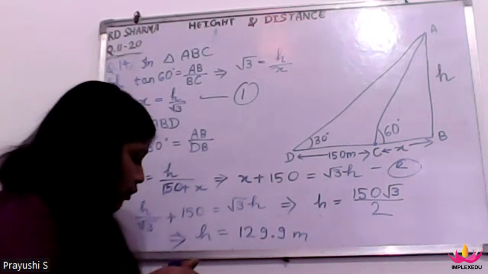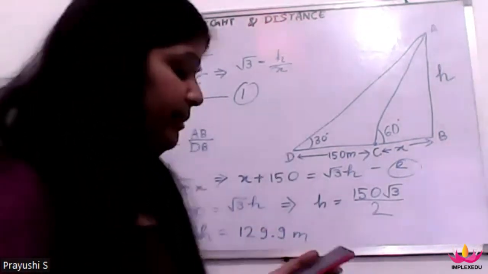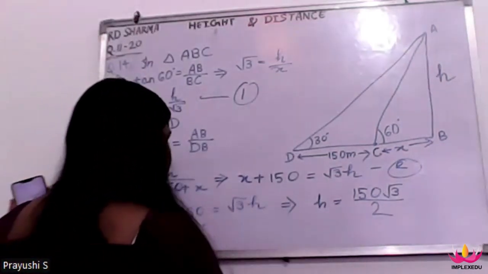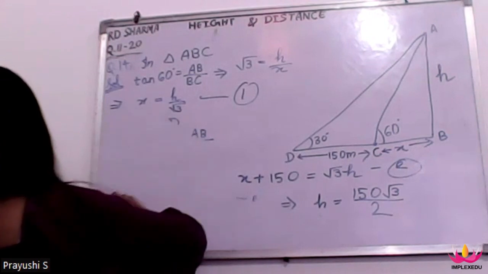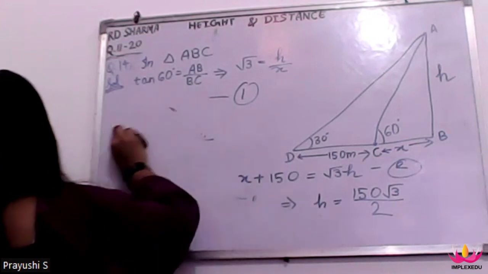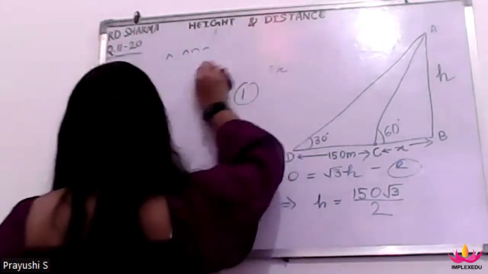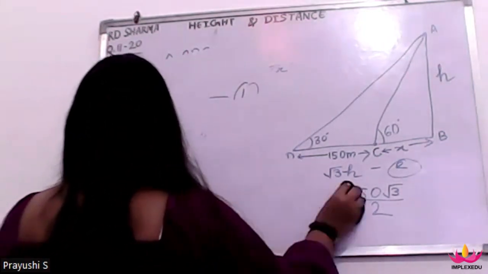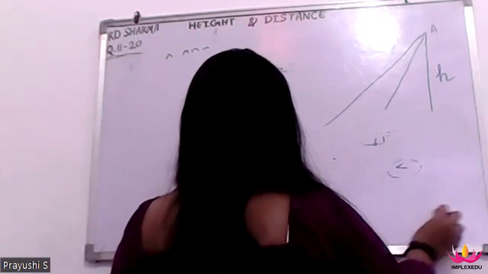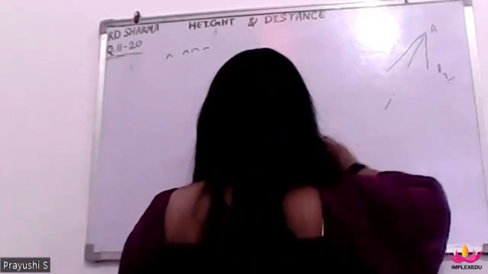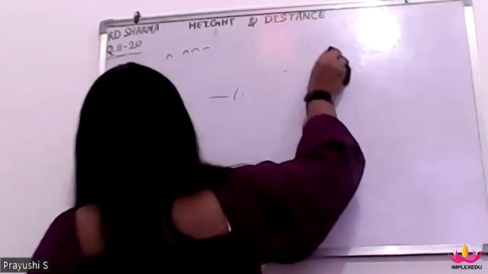Okay, now we will move to question number 15. So question number 15 states that the angle of elevation of the top of the tower as observed from a point in horizontal plane through the foot of the tower is 32 degrees.